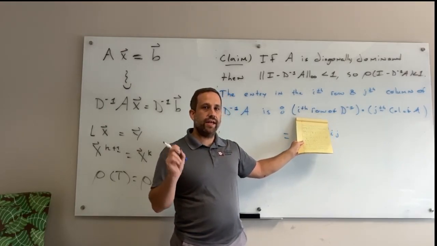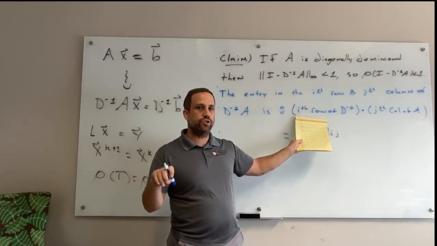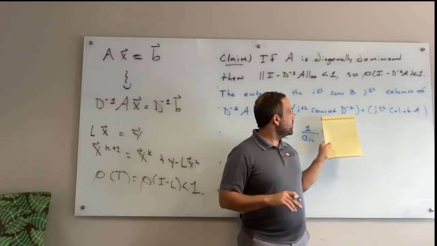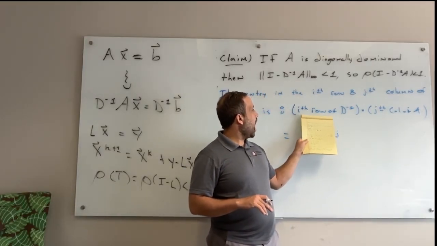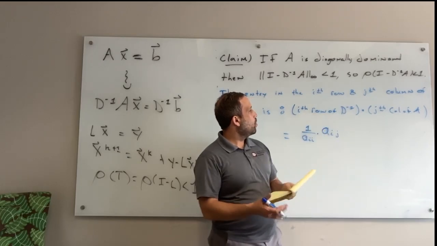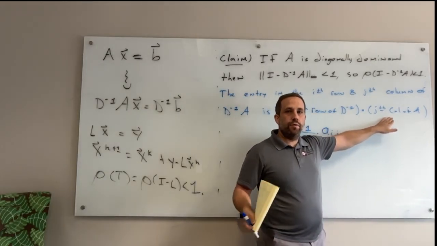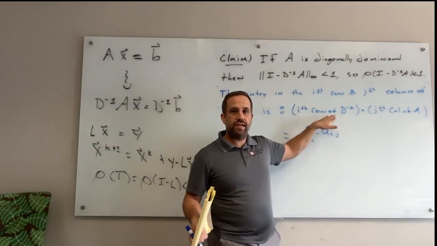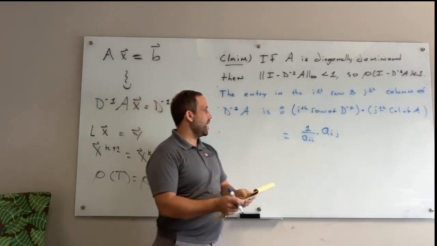And in the ith entry, there's going to be 1 over Aii, because D inverse is just 1 over the entries of D. Now, when I do the dot product here, if the only non-zero entry is in the ith entry of this row, when I multiply it by the jth column of A, the only entry of this vector that gets seen in the dot product is going to correspond to the ith row. So Aij divided by Aii.